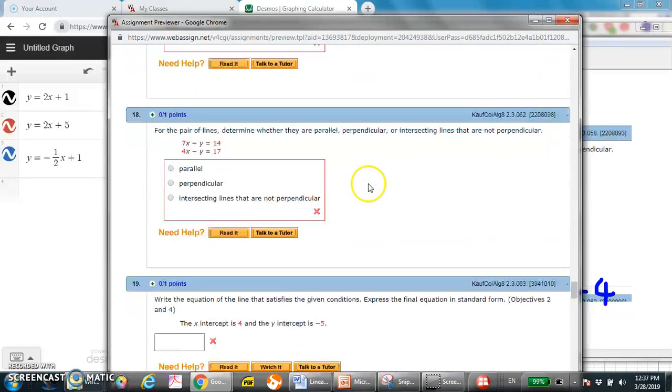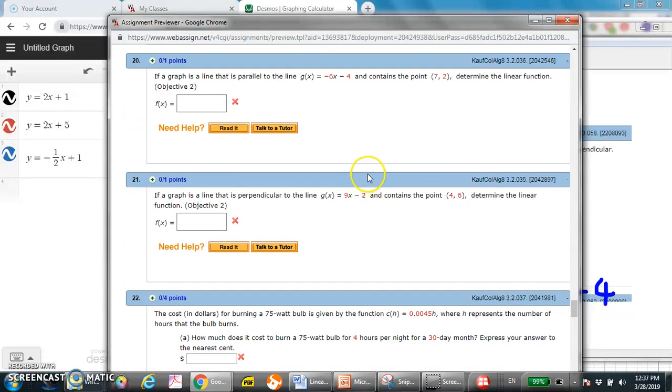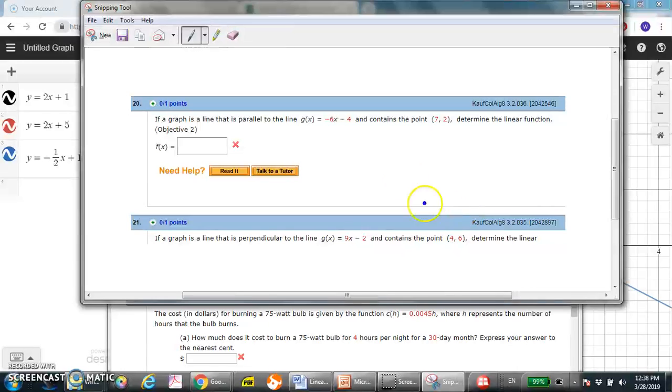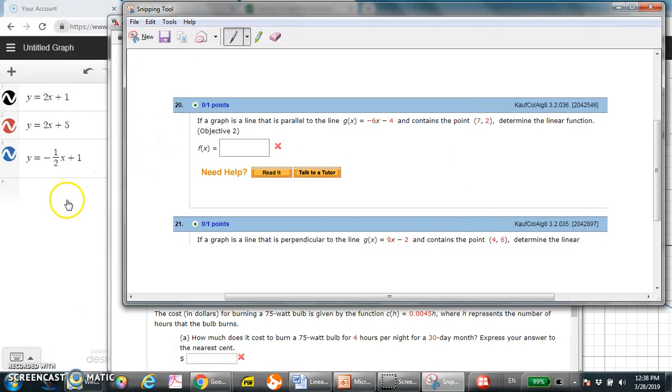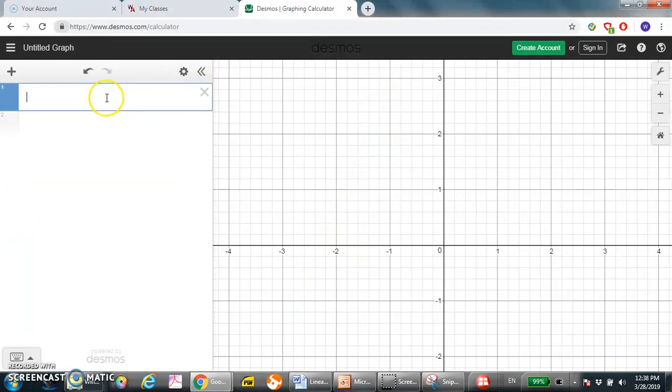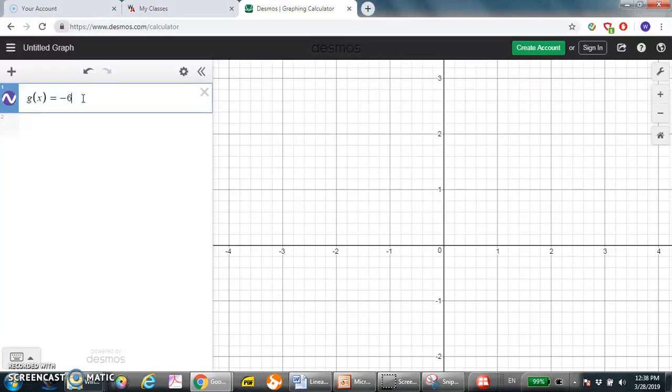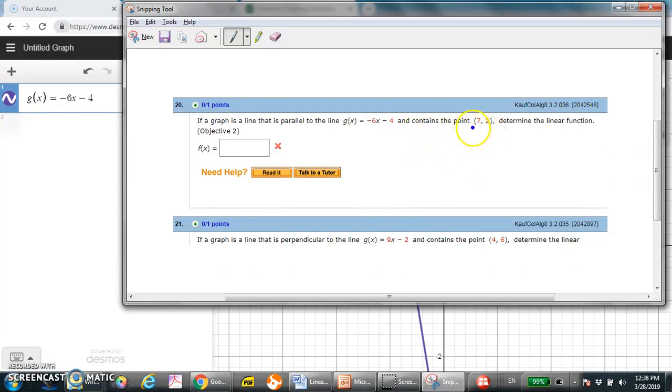Okay. Now let me do another example. We're asked to graph a straight line that is parallel to the line g(x) equals negative 6x minus 4, and this line contains the point (7, 2). So what this problem is talking about is that we're given this straight line g(x) equals negative 6x minus 4, and we're given a point (7, 2).